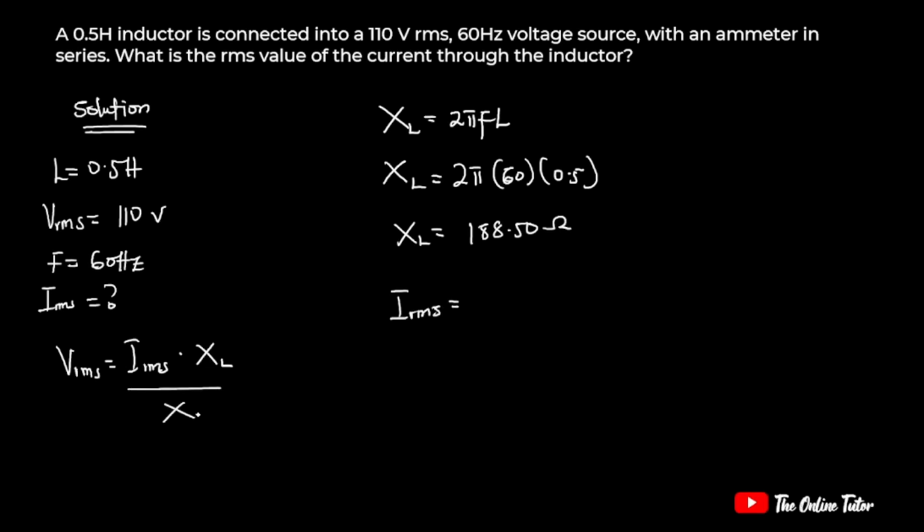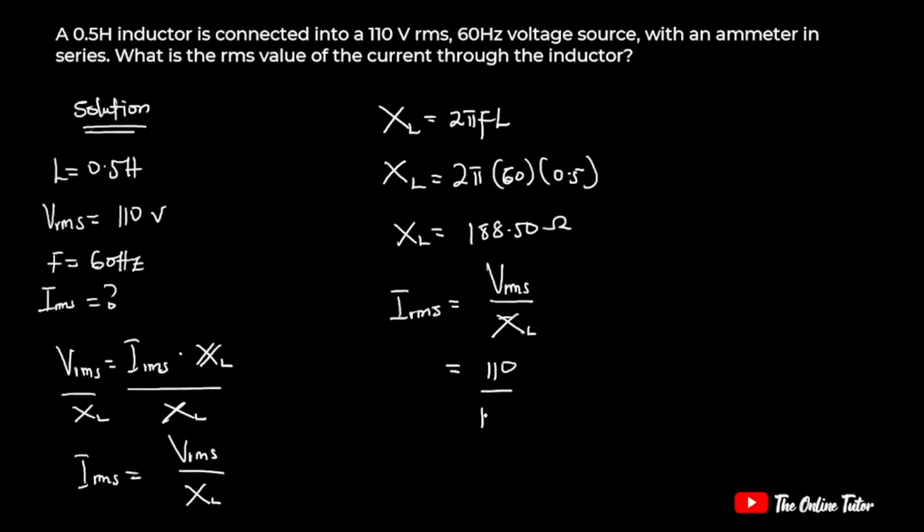If we divide all by XL, we get our root mean square current to be the root mean square voltage on the inductive resistance. So this becomes 110 on 188.50, and this gives us a current of 0.584 amperes as our root mean square current.